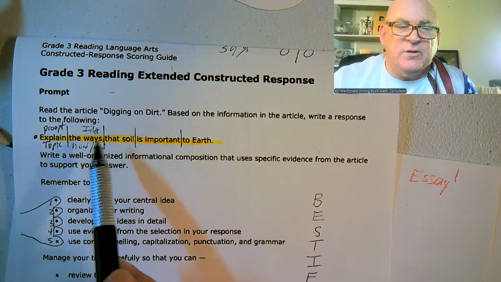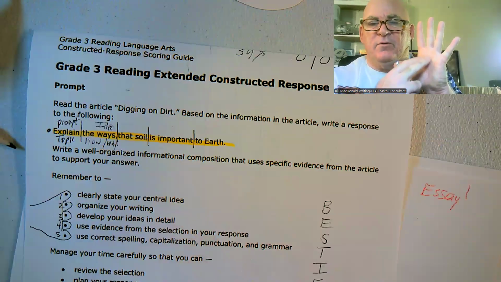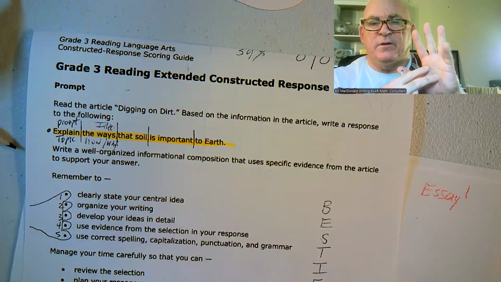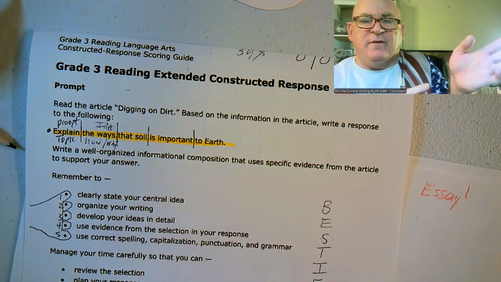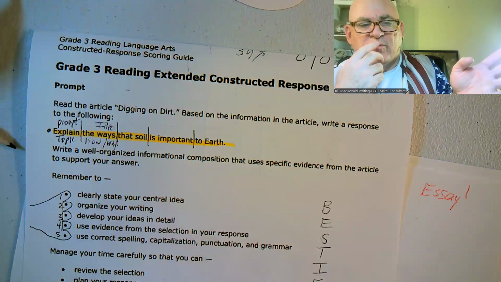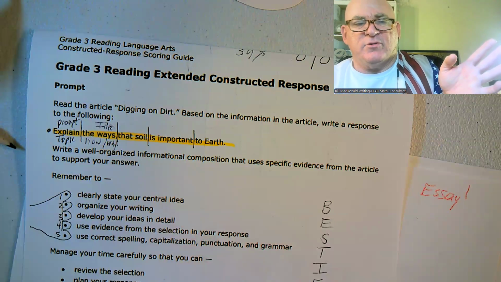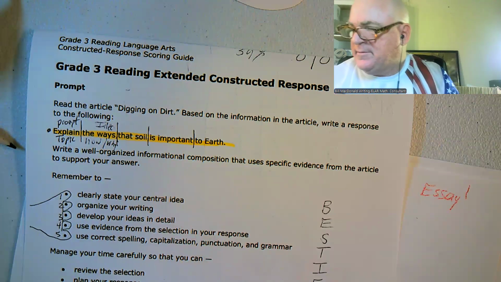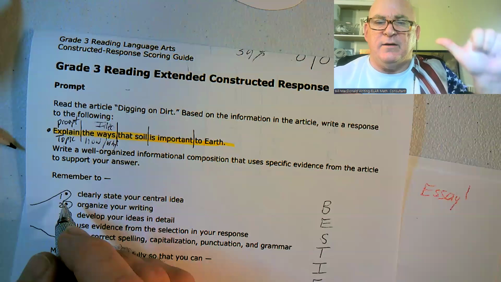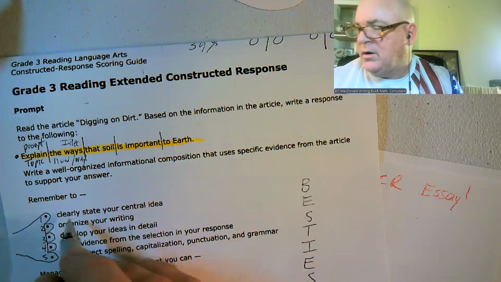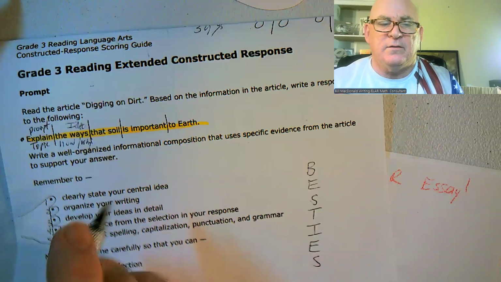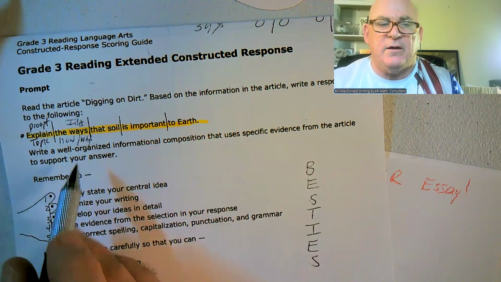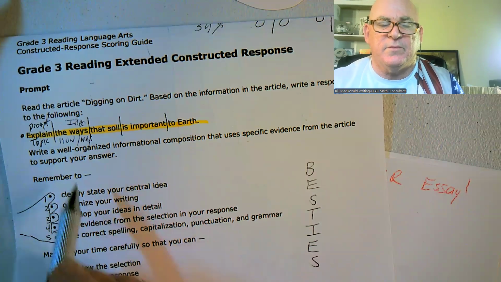And so that's why students that don't go straight from the topic, the idea, to the evidence, they're going to have trouble if they try to base their central idea only on the topic and not on the ways.